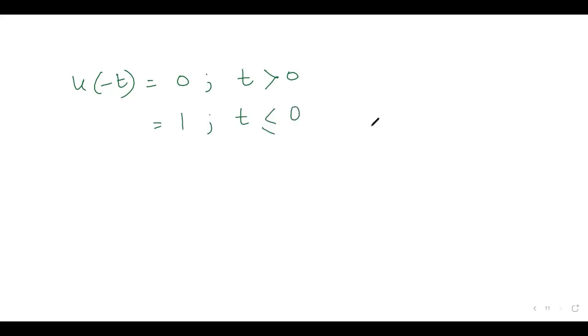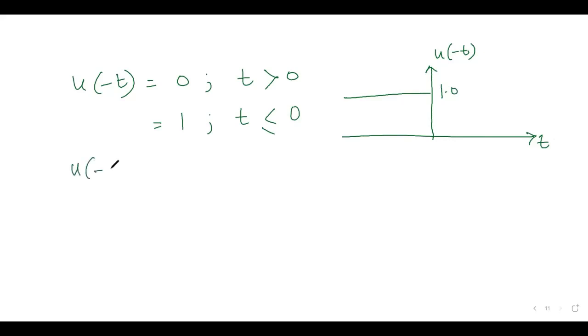ঠিক আছে? তার মানে u of minus t হচ্ছে আমার এরকম হবে। You can write this is u of minus t. মনে পড়ছে তো? And what about u of minus t minus tau?